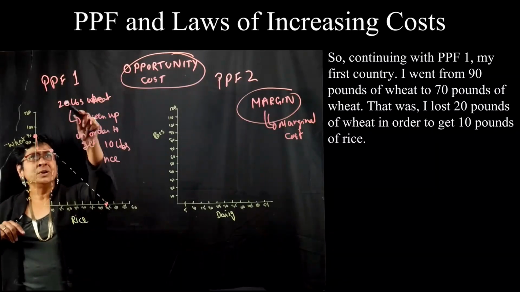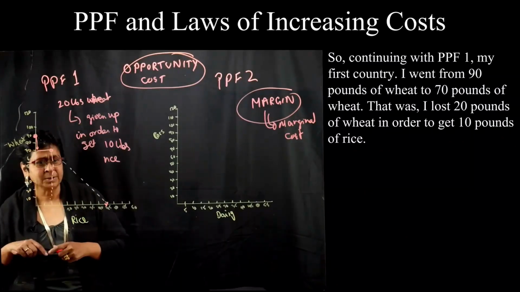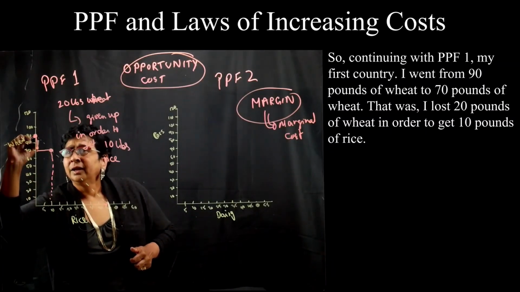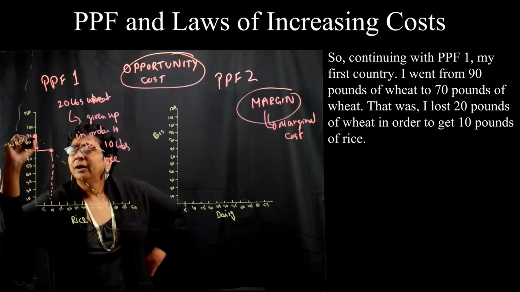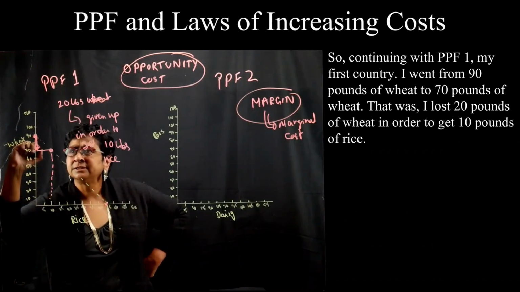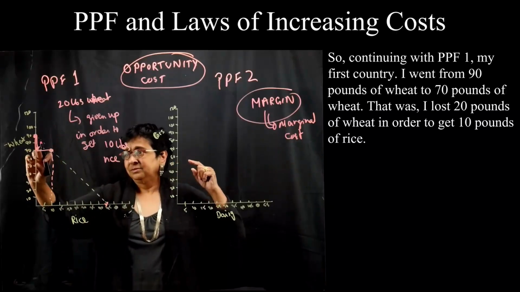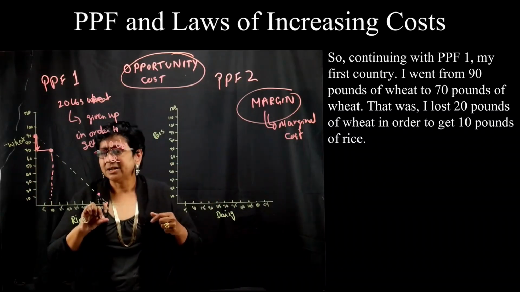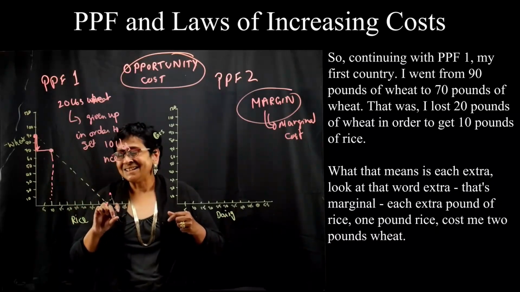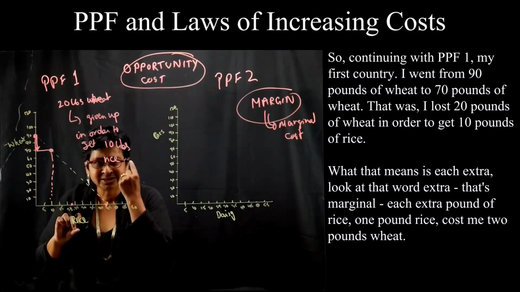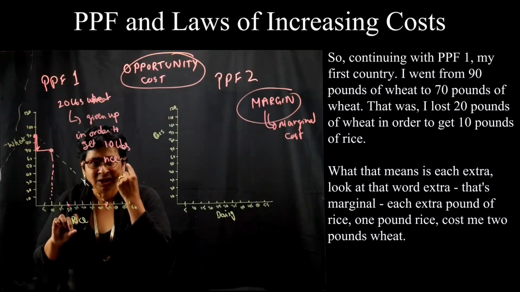So continuing with PPF 1, my first country, I went from 90 pounds of wheat to 70 pounds of wheat. I lost 20 pounds of wheat in order to get 10 pounds of rice. What that means is each extra, look at that word extra, that's marginal.